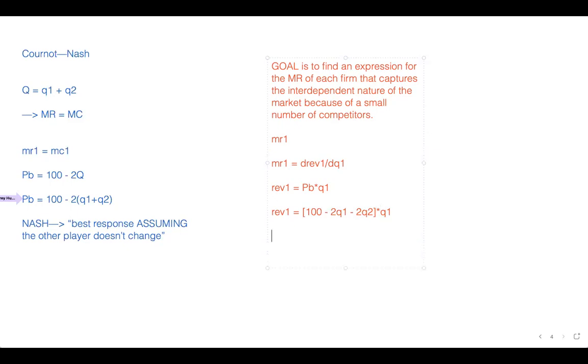Okay. So now the next thing I'm going to do is just distribute the terms so we can see a little bit more clearly how they break down. And I'm going to have 100 Q1 minus, and I'm going to rearrange things a little bit, Q2 times Q1, and then minus 2 Q1 squared.